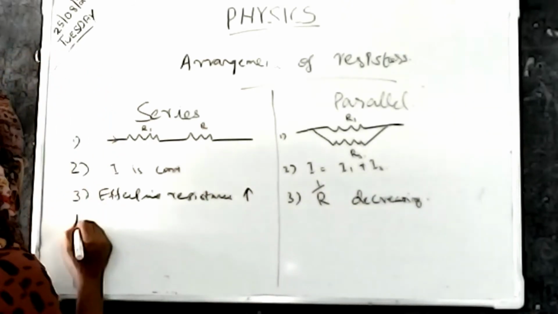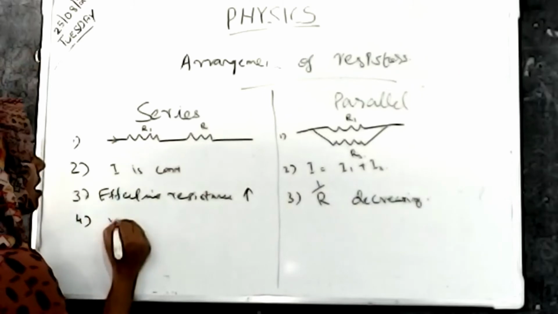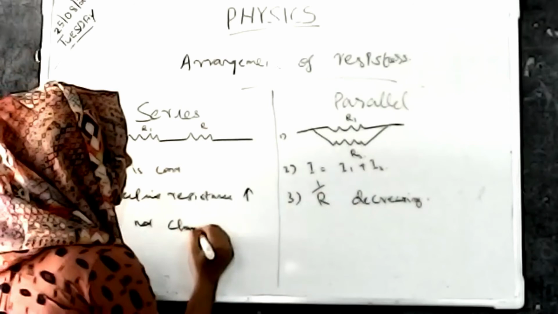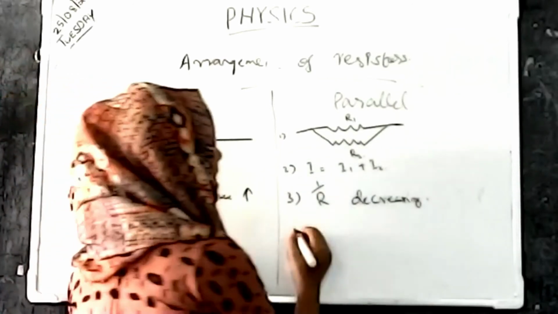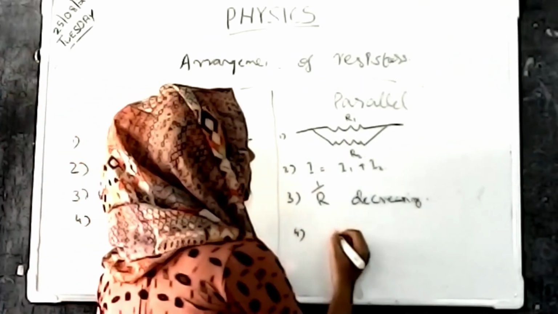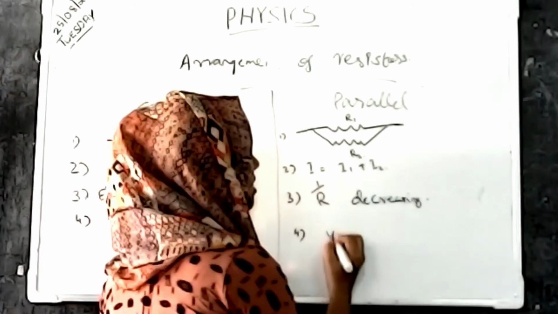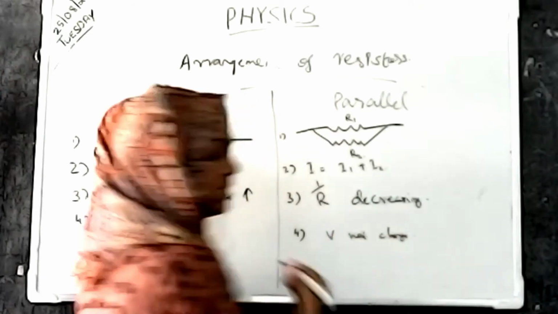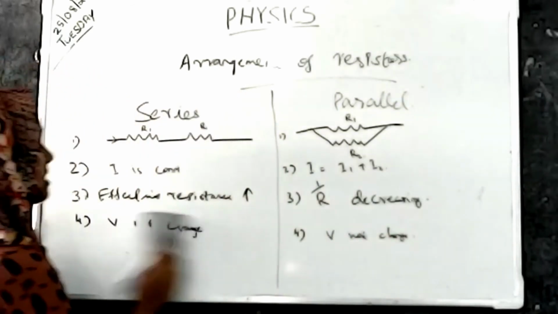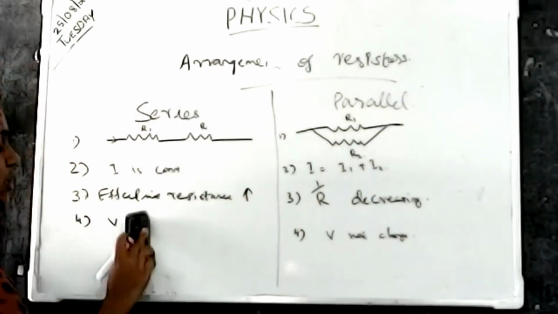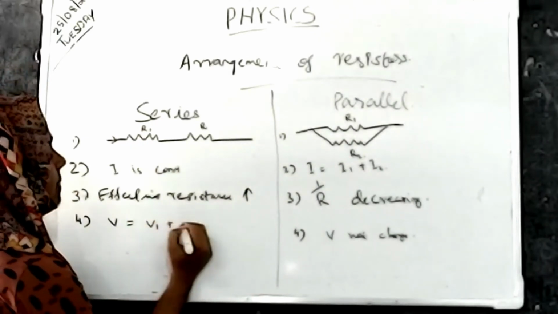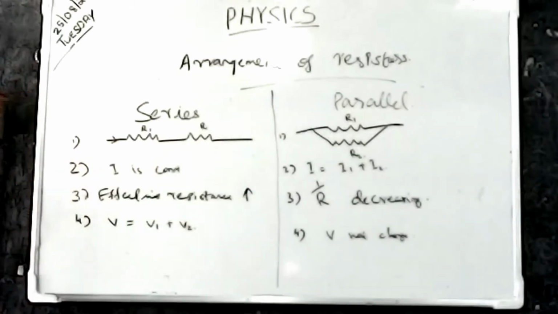There is no change in the potential difference, V does not change. And in series connection, V changes and V is V1 plus V2.